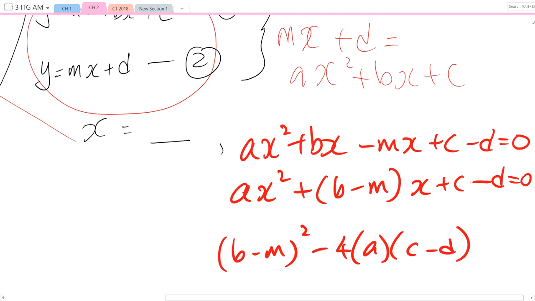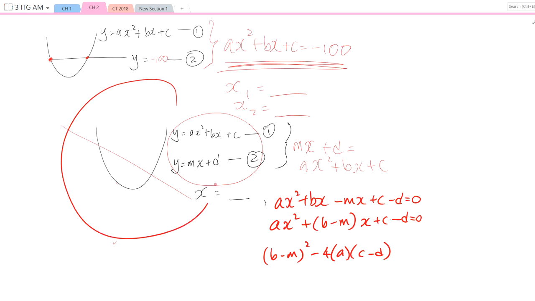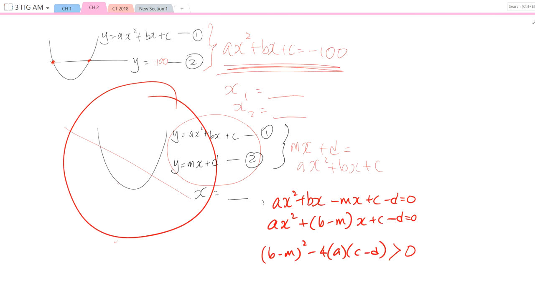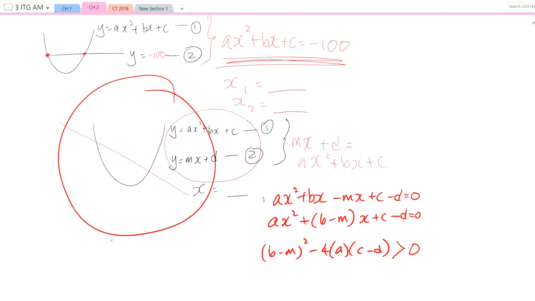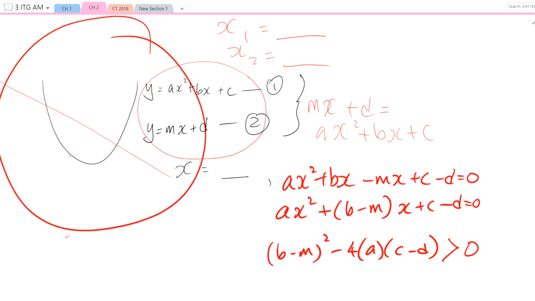Okay, what can you tell me about the discriminant over here? In this case, there are 2 points of intersection, so this must be greater than 0. Okay? So now I've just shown you what happens when a straight line intersects a quadratic curve at 2 different points. When that happens, we are actually trying to solve simultaneous equations.